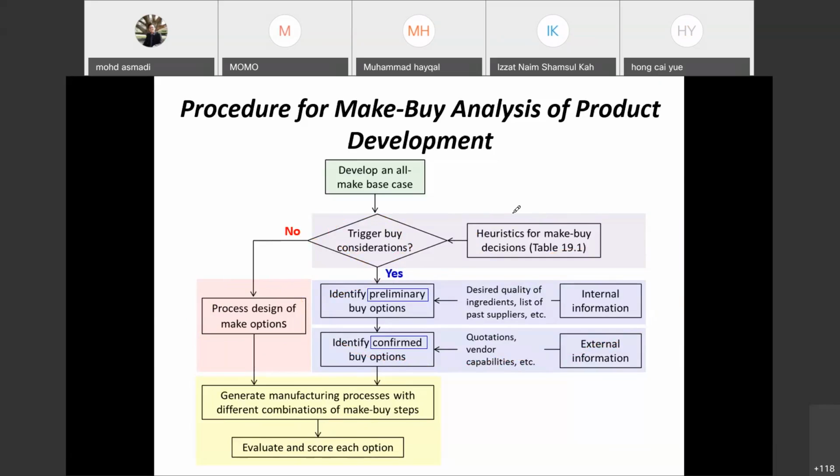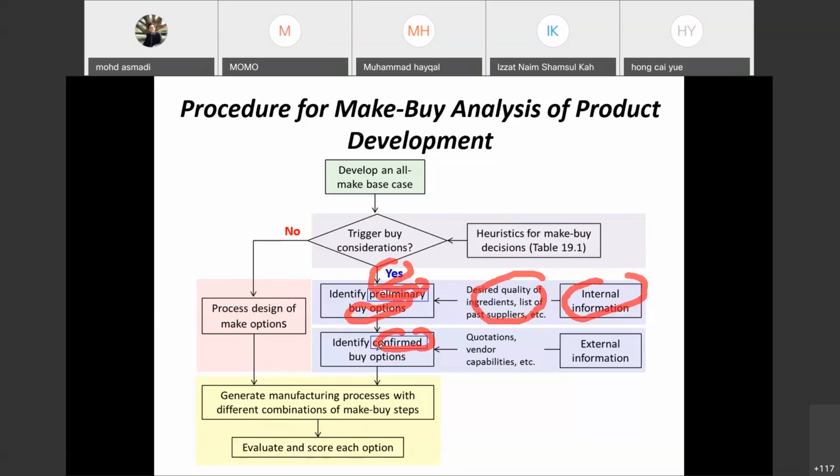Okay, and then if yes, you proceed to the internal information, where you need to gather the quality of the ingredients, the lead time or supplier, the time of delivery, and the in-house manufacturing experience, and from this we can generate a preliminary buy option. After the preliminary, we have to confirm the buy option.